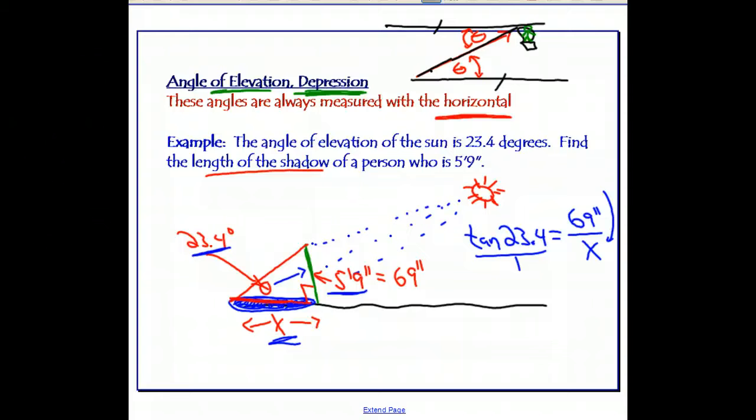So 69 times 1 gives me 69. X times the tangent of 23.4 gives me x times the tangent of 23.4. Divide both sides by the tangent of 23.4. I get 69 divided by the tangent of 23.4 equals x.